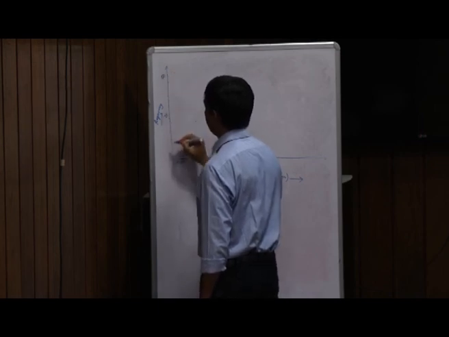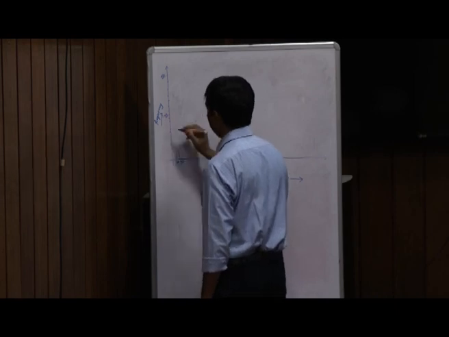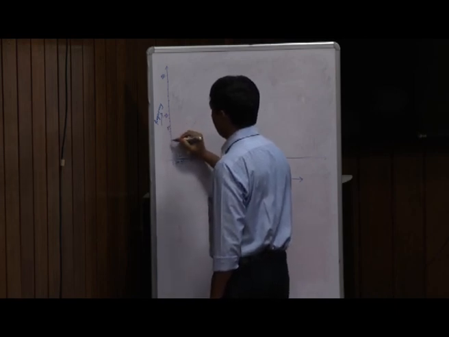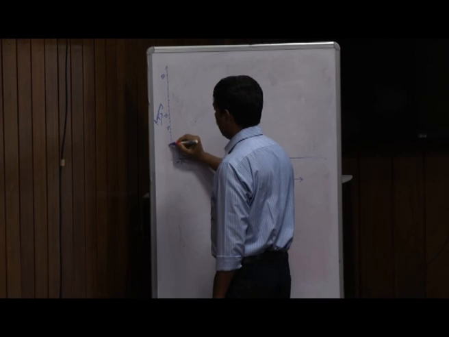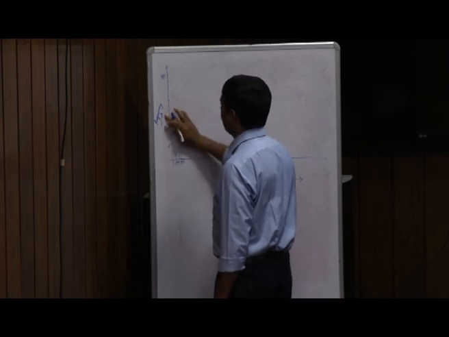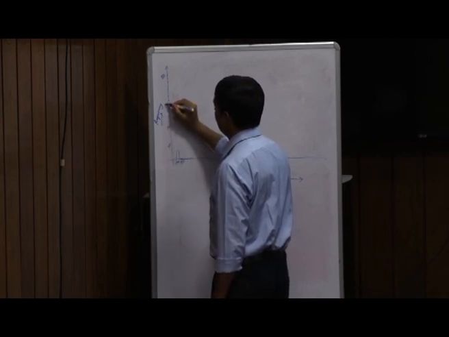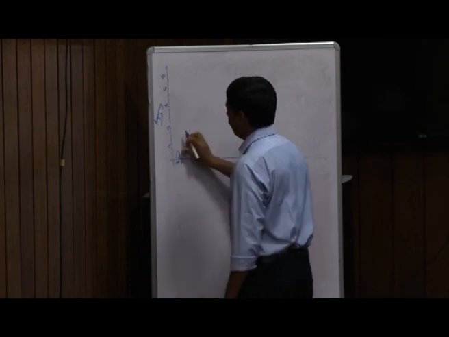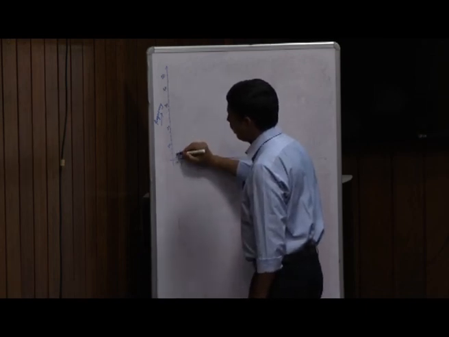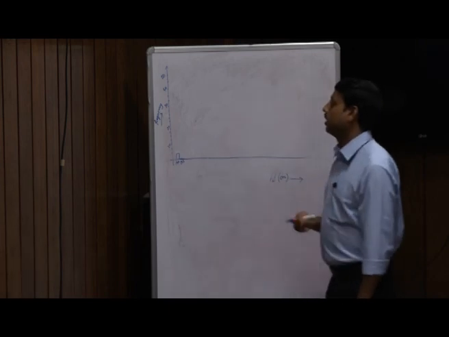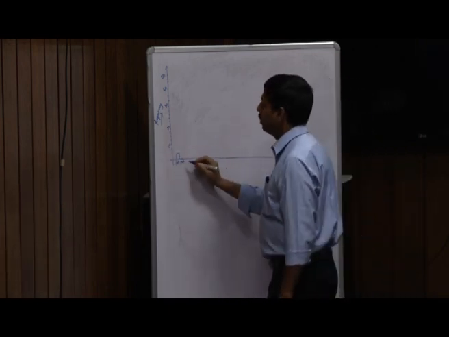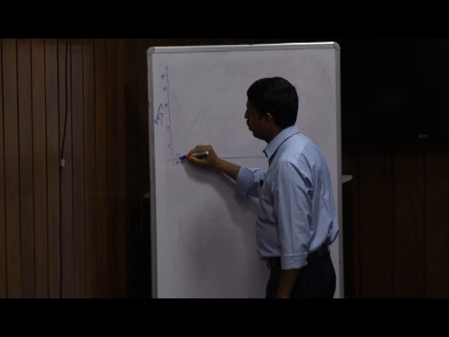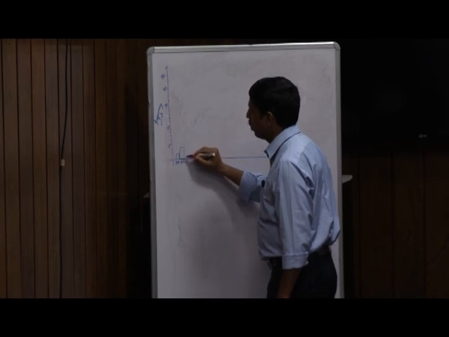This is 25, this is 20, this is 10, and this is say 30, 40, 50. So 140 to 142 centimeter, only 2-3 students are there. In the next group, the number of students is more.